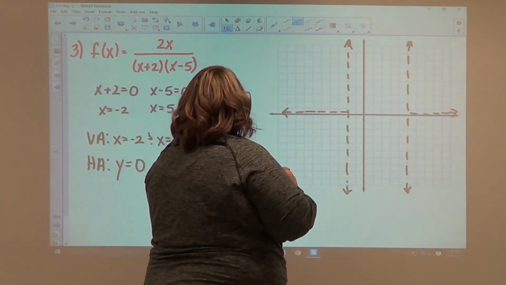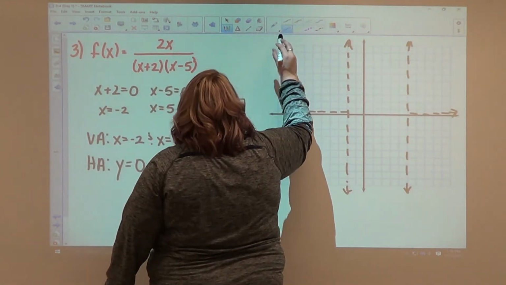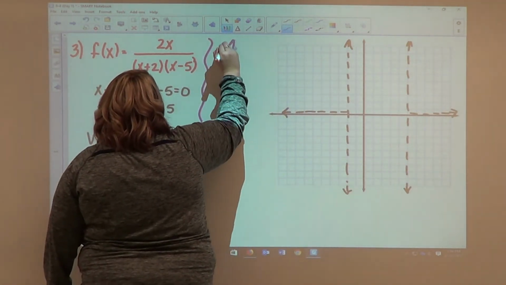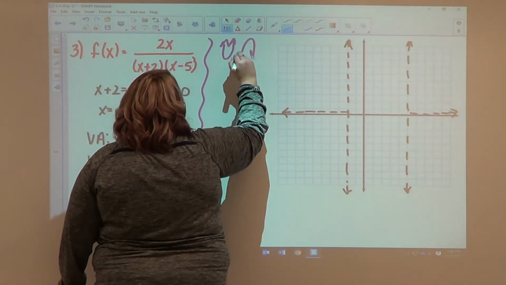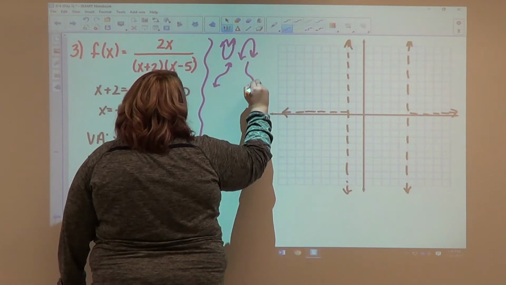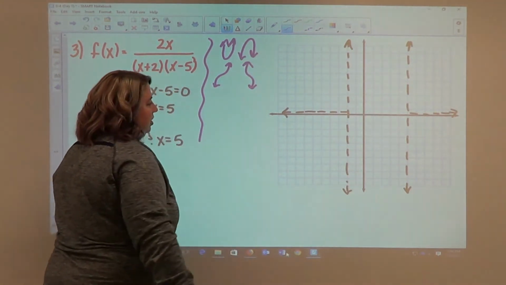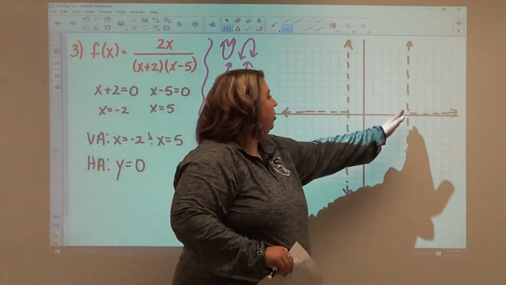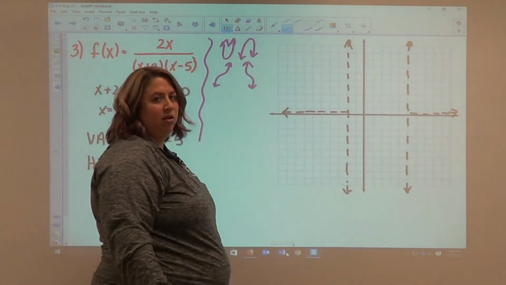Okay? The inside could look like a parabola, or it could look like a cube. And the only way to know is to plug in the numbers. The outside parts are going to look like what we've already done.